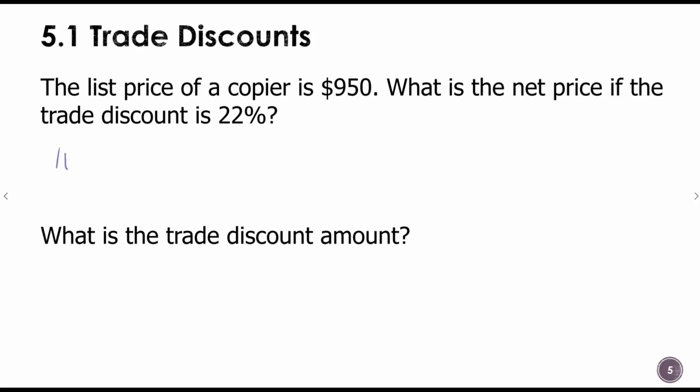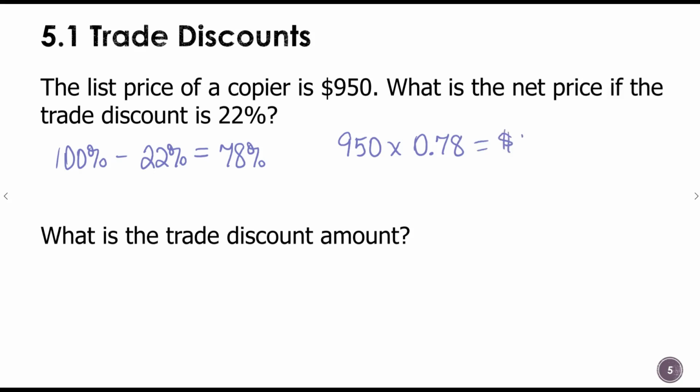If I subtract 22% from 100%, then I get a complement of 78%. So I simply take $950 times 78% as a decimal, and that leaves us with $741 for a net price. Remember, we were finding net price on this particular question.